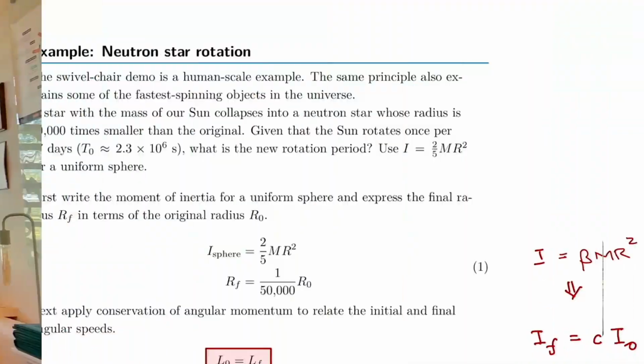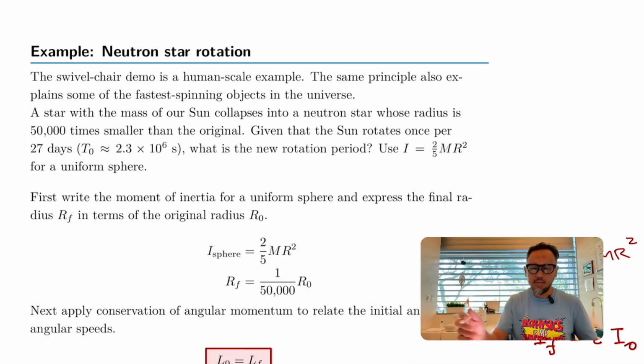So let's say our star starts at R naught and then shrinks to the size of a city. But in this problem here, the final size is 1/50th of the original size, so 50 times smaller.